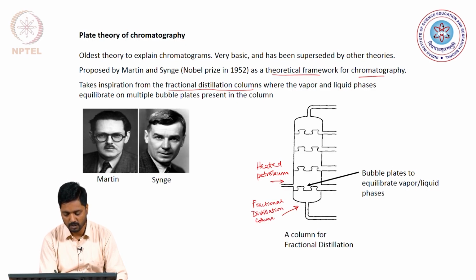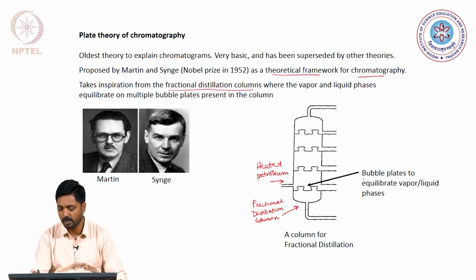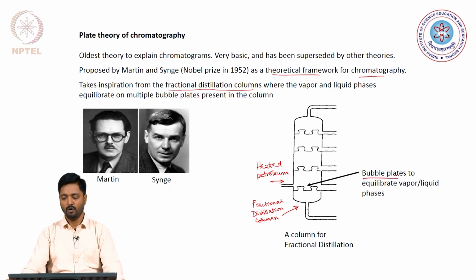This column is of very large height, but its construction is also unique in that it has these interesting bubble plates which allow for equilibration of the vapor and liquid phases.